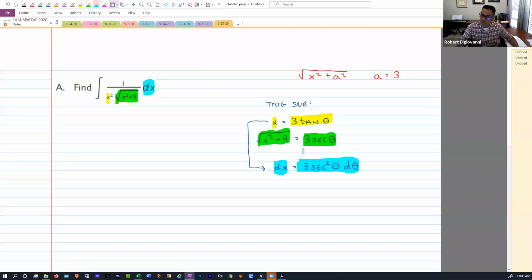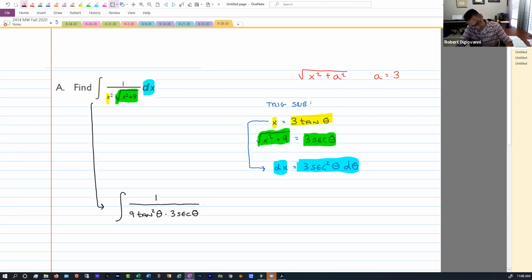Okay. No? All right, now we just replace everything and we're going to have a new integral. Our new integral is going to be 1 over, now x squared will be, again, that yellow part, 3 tangent theta squared, which gives me 9 tangent squared theta. So that's x squared times, and then the green part, the square root of x squared plus 9, gets replaced with 3 secant theta.